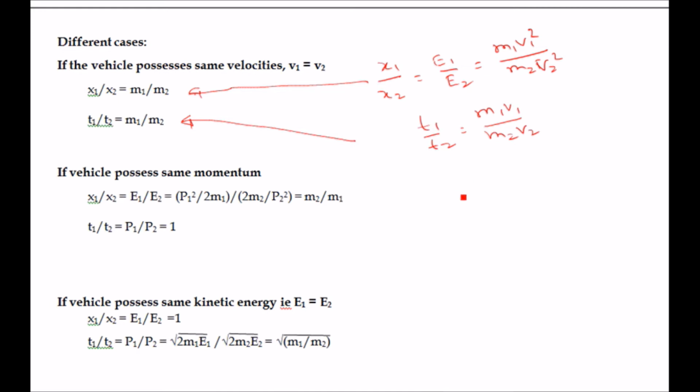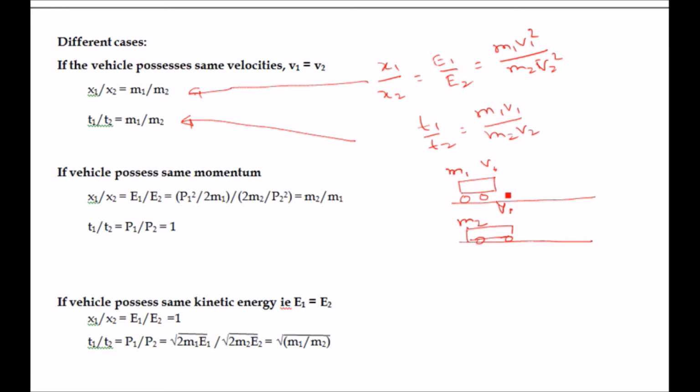Suppose there are two vehicles, I just draw the figure for this. There are two vehicles on two parallel roads and both have velocity v, and corresponding masses m1 and m2.